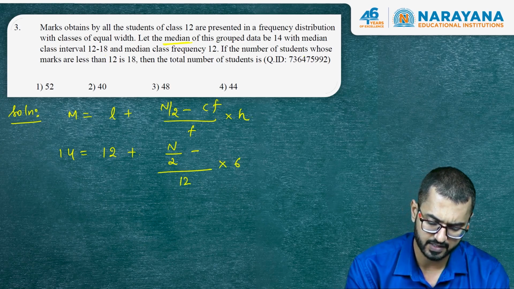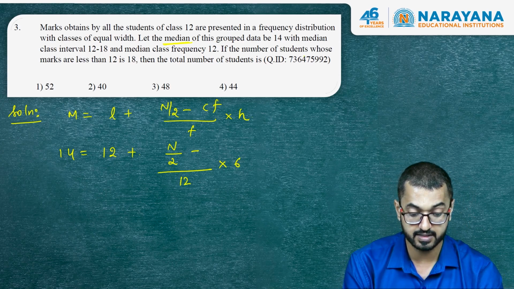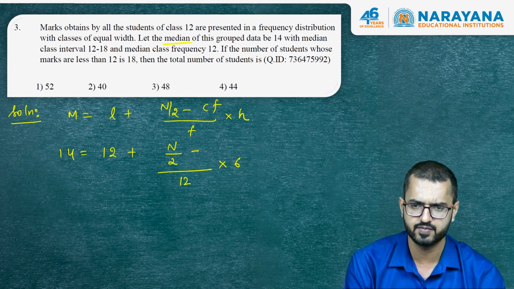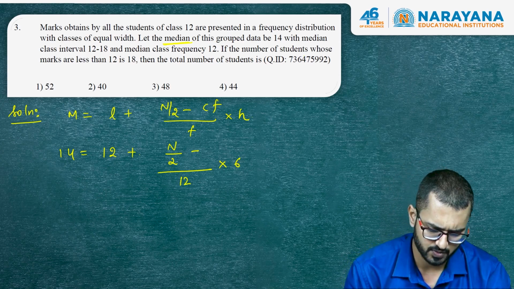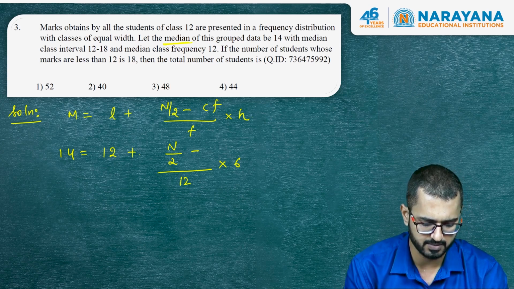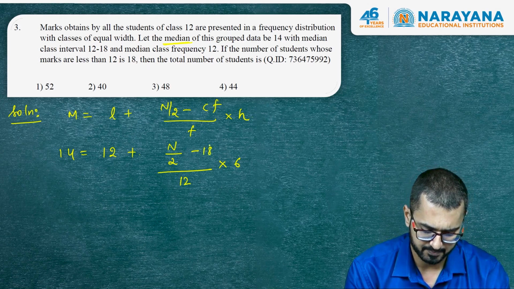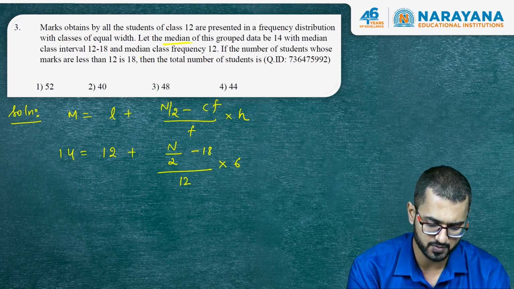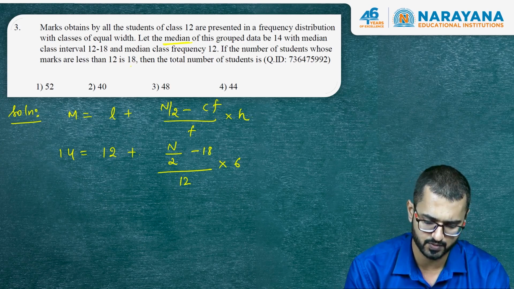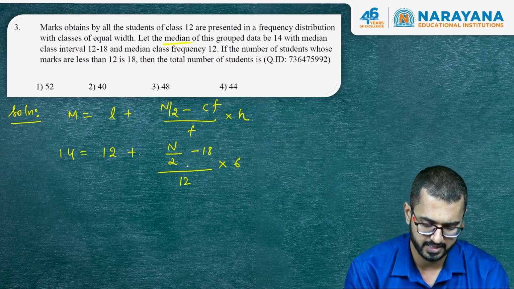And the number of students whose marks are less than 12, so marks less than 12 means we are writing the cumulative frequency table. The moment you write down the cumulative frequency table, the cumulative frequency is now 18, because they are saying the number of students whose marks are less than 12 is 18. Now from this equation we have to find simply n.